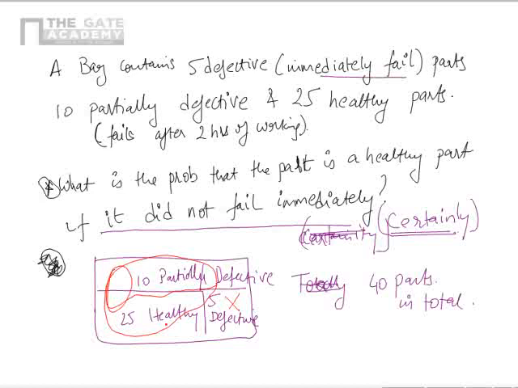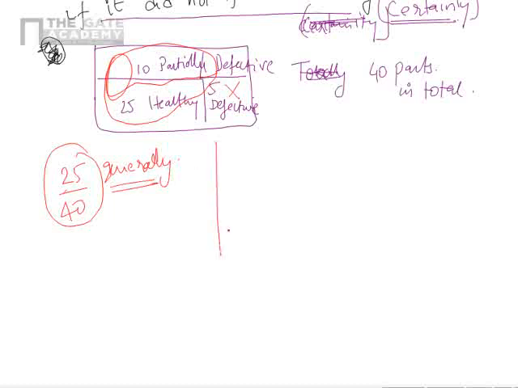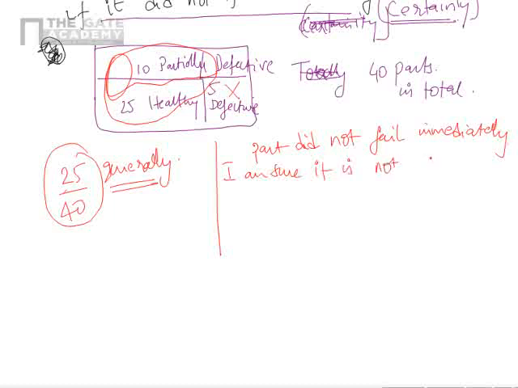See, if I directly ask what is the probability that I pick a healthy part, it will be 25 out of 40. This is generally. Correct? Whereas the part did not fail immediately. That means I am sure it is not defective.